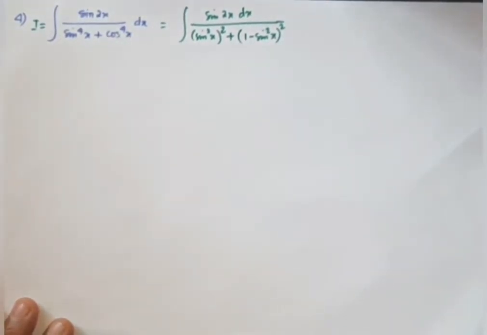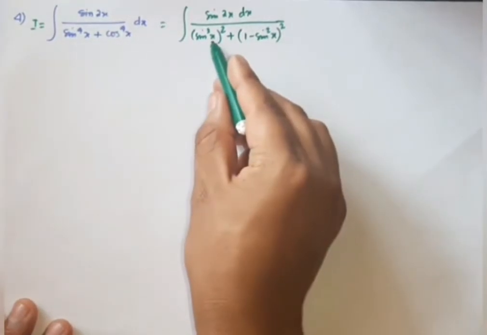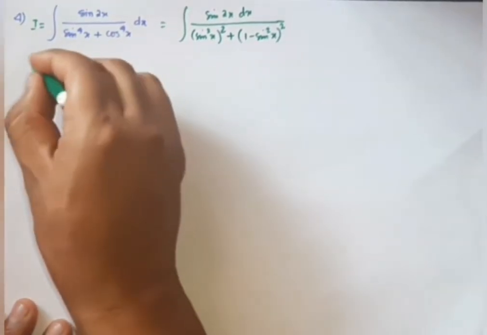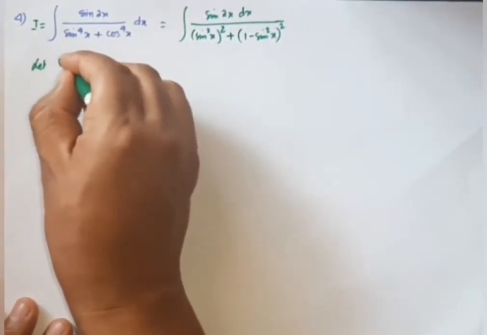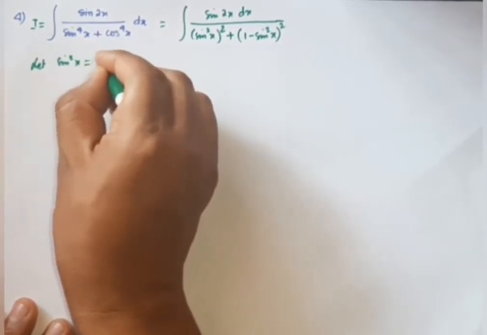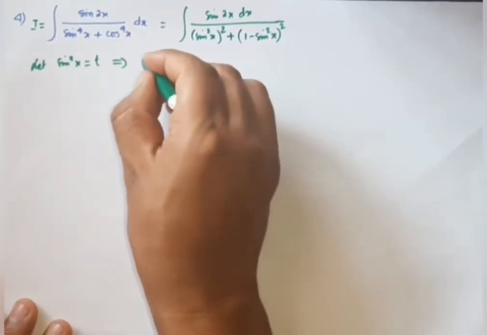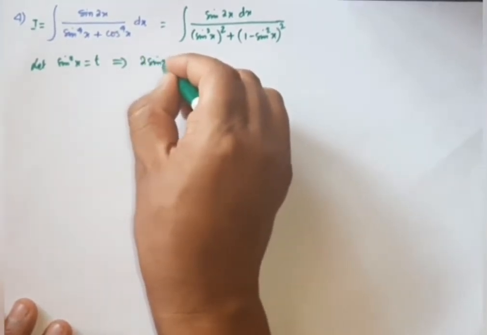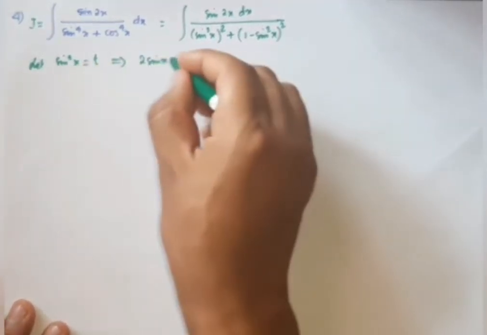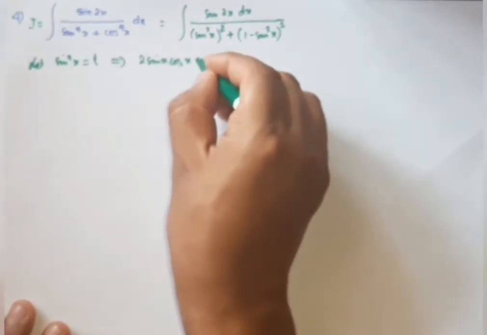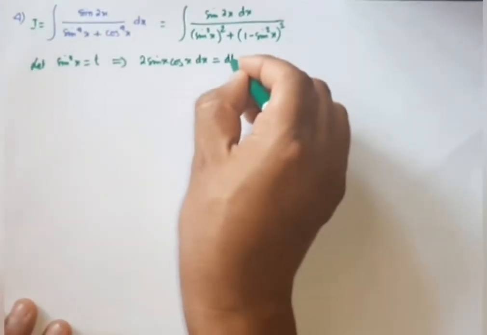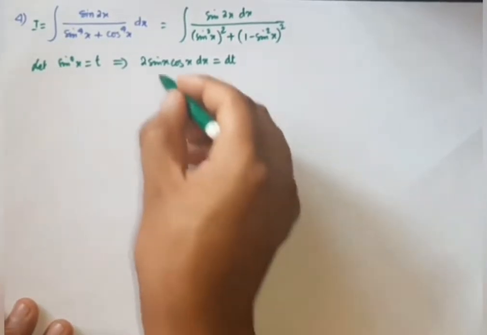Now the substitution that I am going to do here is sine square x equals t. So let us write sine square x equals t. Now let us differentiate. So differentiation of sine square will be 2 sine x, for the power, and for sine it will be cos x dx equals dt. Now how much is this?